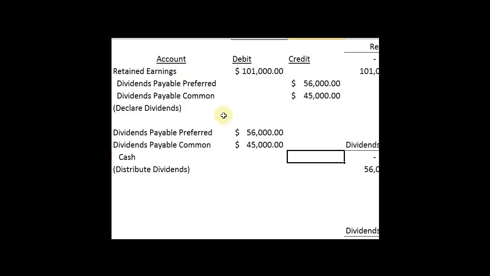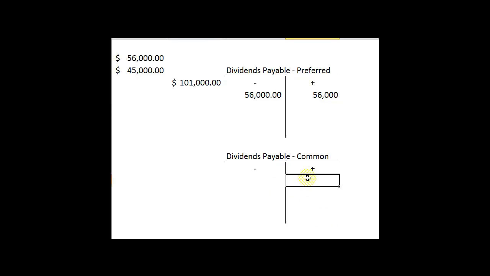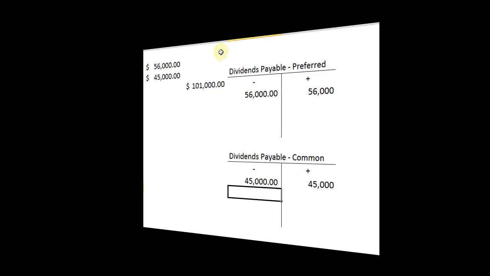I'm going to pay that with cash. So my debits have to equal my credits, and I would have distributed the dividends appropriately. My T accounts, after I posted those entries, would look something like this. When I booked the common stock dividend, it increased. I paid it, it decreased. The net effect is it goes back to zero.